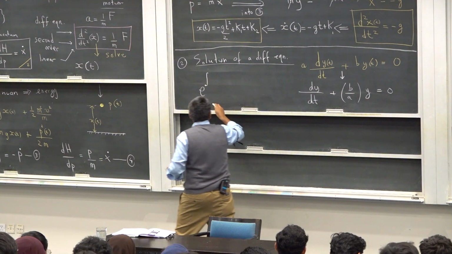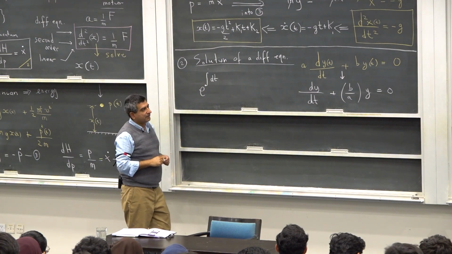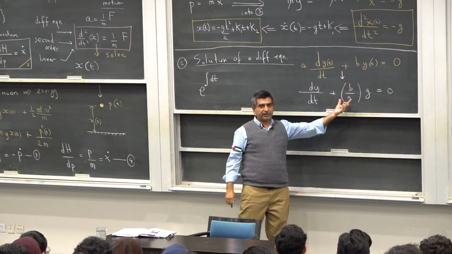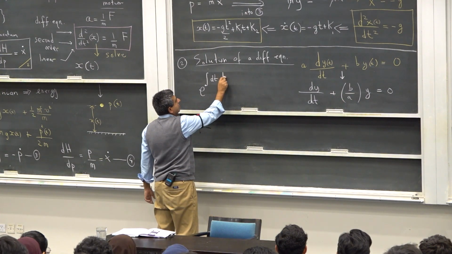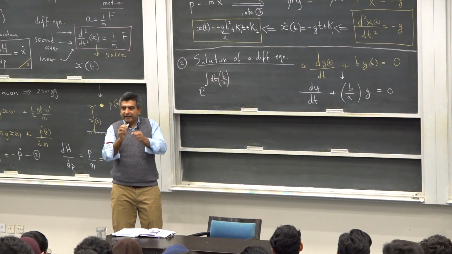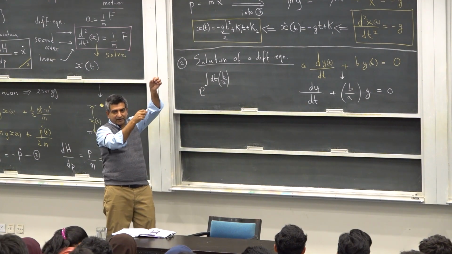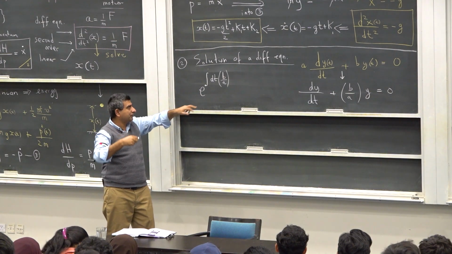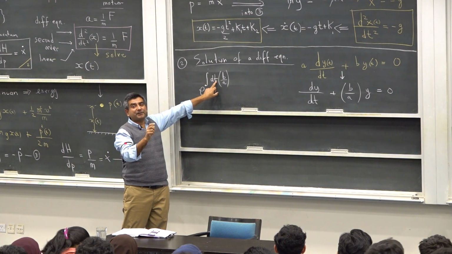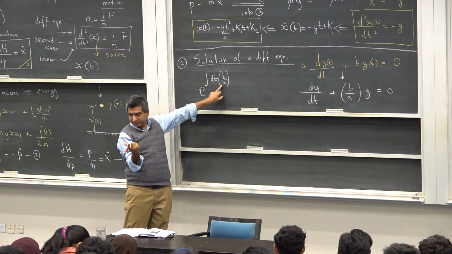So I integrate with respect to time, and what I put inside the integral is this coefficient b over a. So I take e raised, and in the power I put an integral sign, and what do I integrate with respect to the parameter which is time? What is my integrand? It's the coefficient of y, b over a, which is a constant.